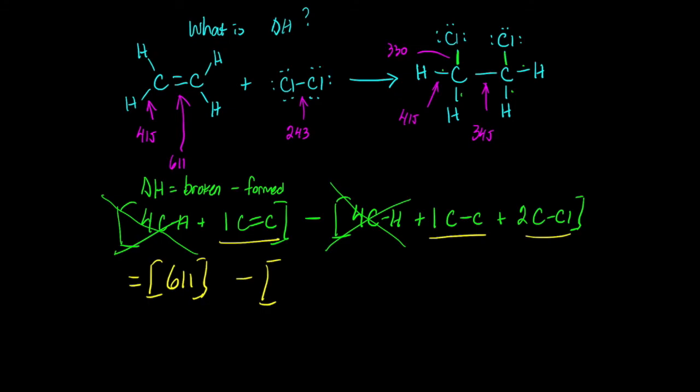Now for the bonds being formed, we have a carbon-carbon single bond, which is 345, and 2 carbon-chlorine bonds, which are 2 times 330. Okay. Now I like to do all the stuff in the bracket first to keep things separated here.